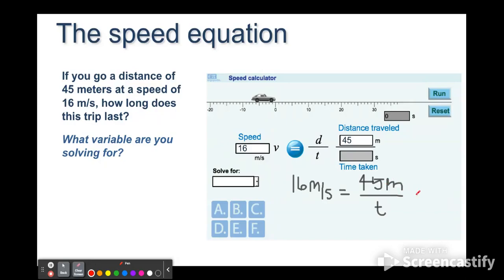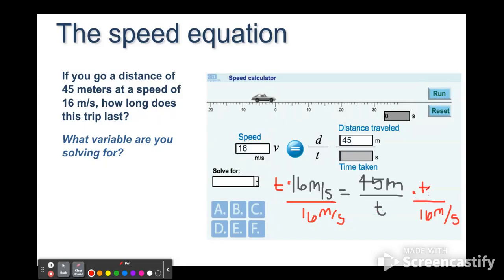If we multiply this side by time and multiply this side by time, then divide by 16 meters per second. I'm hoping you're catching what I'm doing here.